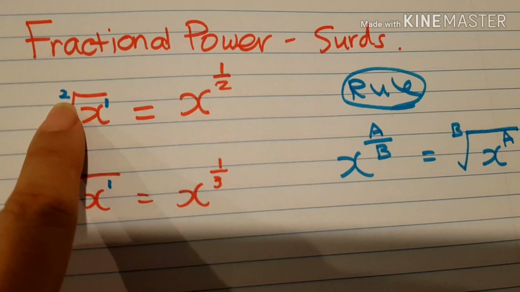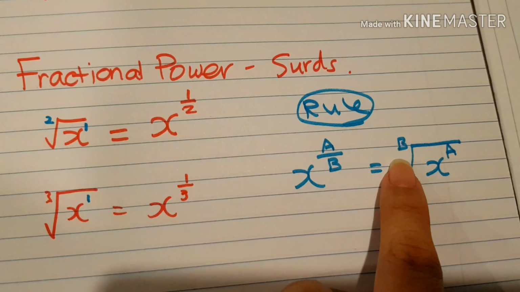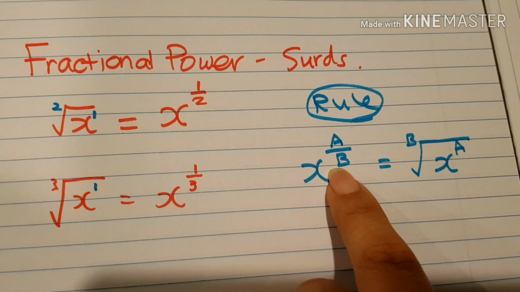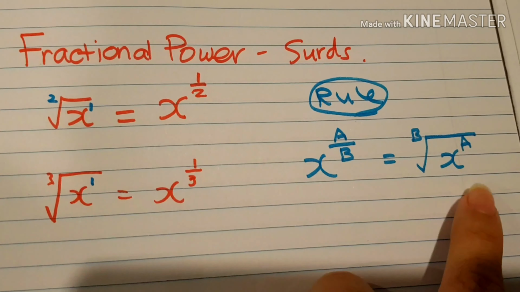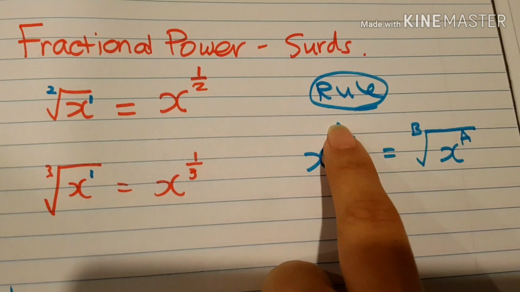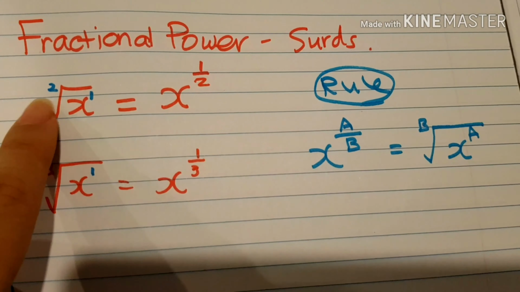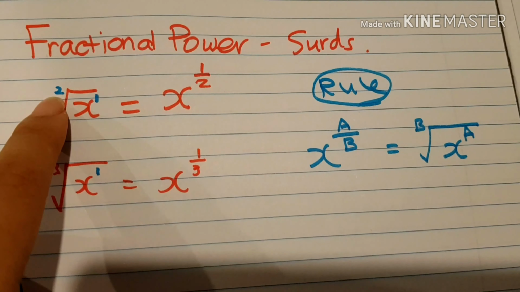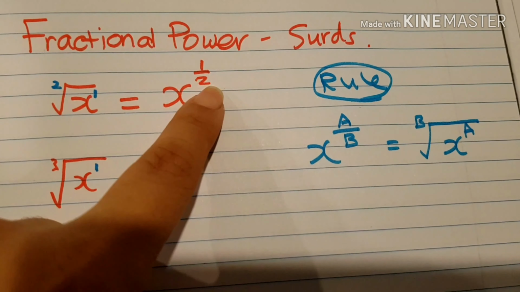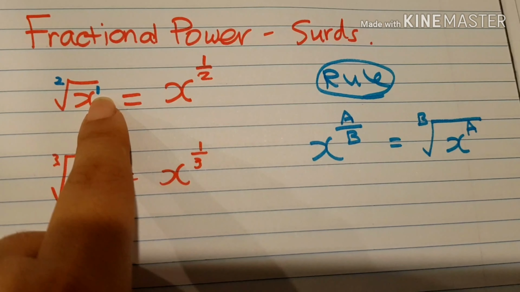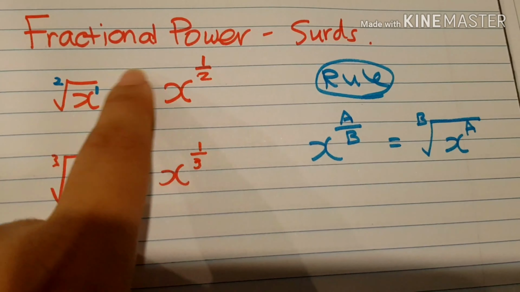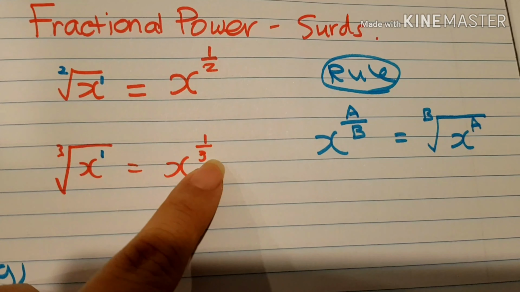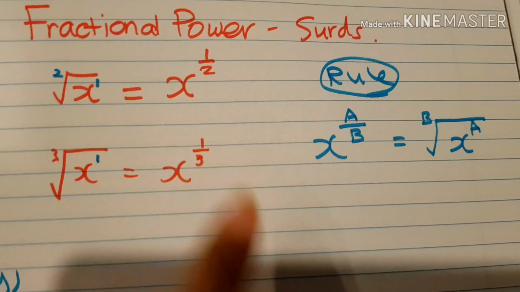But that, which is b over here, comes down there. 1, which is a, goes up there. So this is actually following the rule. 2 goes at the bottom, and whatever power x has will go at the top. Likewise, 3 will come at the bottom, and 1 will go at the top.